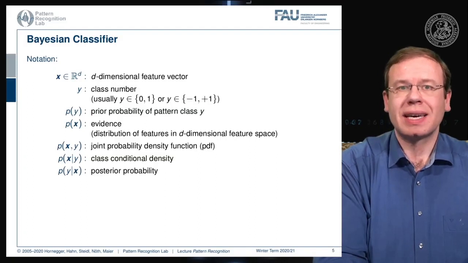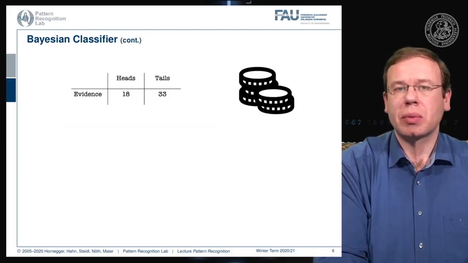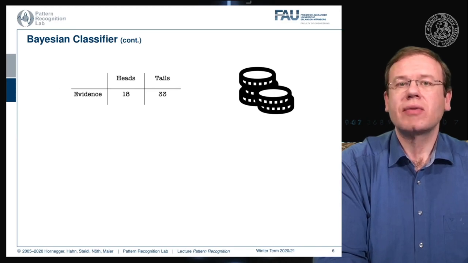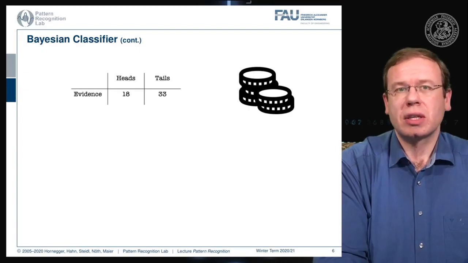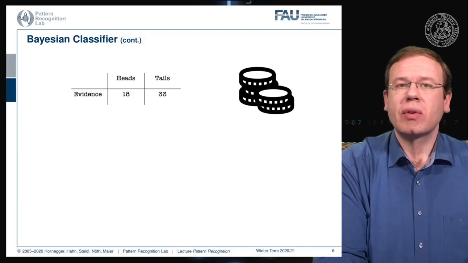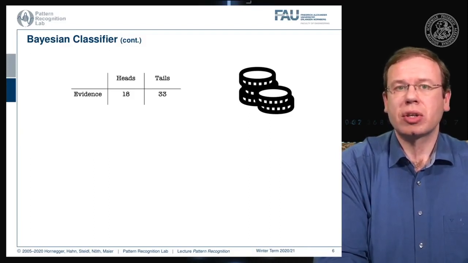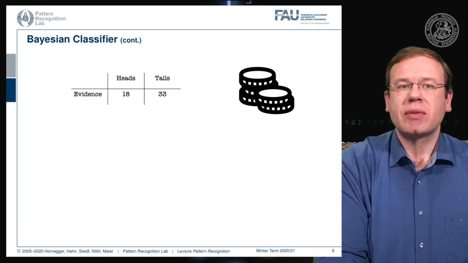Let's look into some example how these probabilities are constructed, and we'll go with a very simple example, that is a coin flip. So in a coin flip you can have essentially two outcomes, that is heads and tails. So here we don't live in a d-dimensional feature space, but instead we only have two different discrete observations that we have for our observations x.